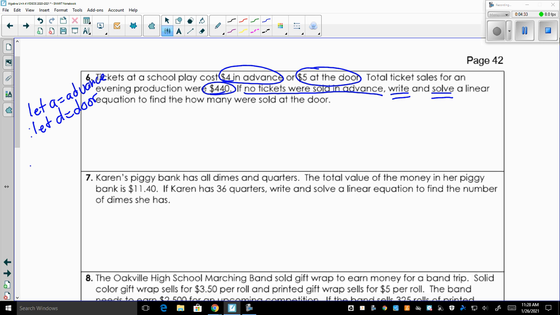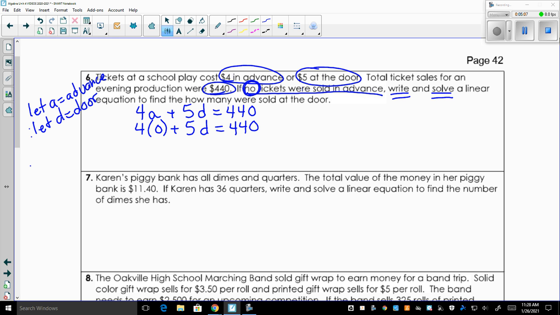So we're in algebra. We need to be able to use different variables for different unknowns. So $4 times the number of advance tickets plus $5 times the number of door tickets brought us in a total of $440. And no tickets were sold in advance. So I'm going to take out the A and replace it with a 0 because no tickets implies 0 tickets. Plus $5 times the number of door tickets brought in $440.